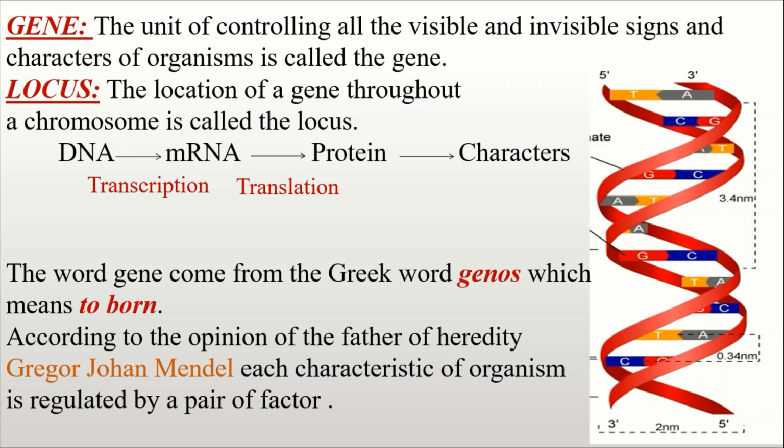In 1909, Johannsen named these Mendelian factors as genes. So, according to the opinion of the father of heredity, Gregor Johann Mendel, each characteristic of an organism is regulated by a pair of factors. That means genes.